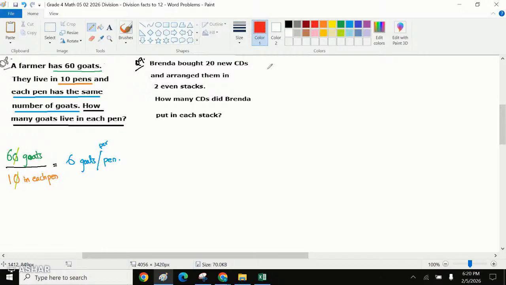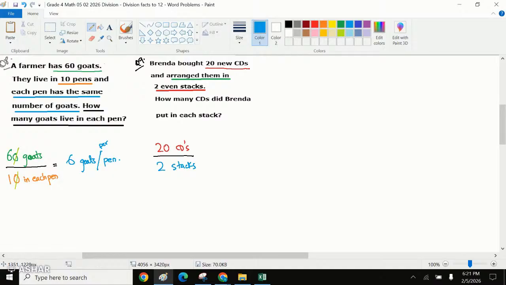She bought 20 new CDs and she arranged them in 2 even stacks. That means 20 was divided into 2 stacks. So can we say 20 CDs were divided into 2 stacks? Great. But you know what a CD is, right?